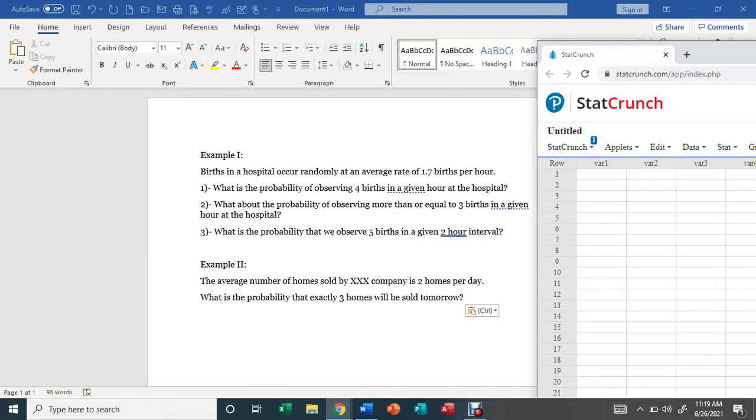What is the probability of observing 4 births in a given hour at the hospital? So here the average rate, 1.7, is the mean, also called the parameter of the Poisson distribution. So it's 1.7. Let's go to StatCrunch and try to answer the first question.